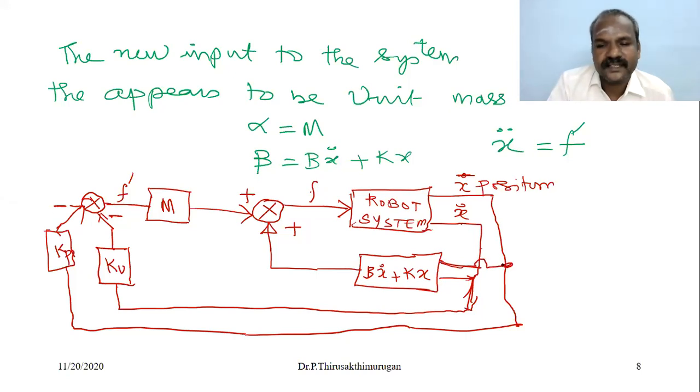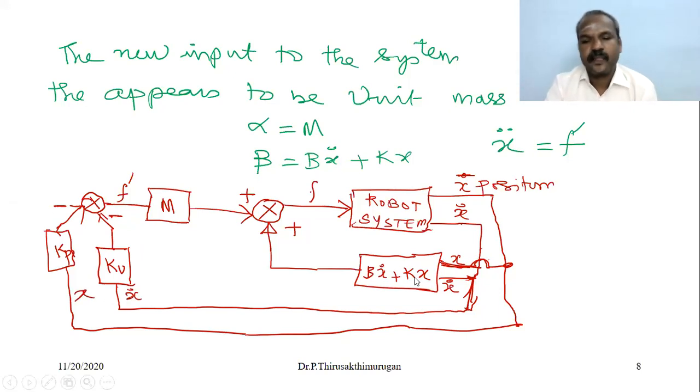This is x. So this directly goes to this. Understand? So this is x, this is x dash. Okay, x dash. So this is x dash, this is x.